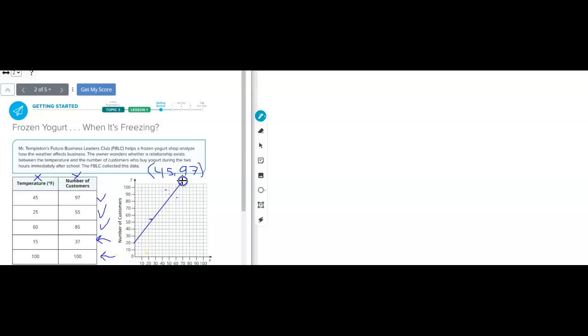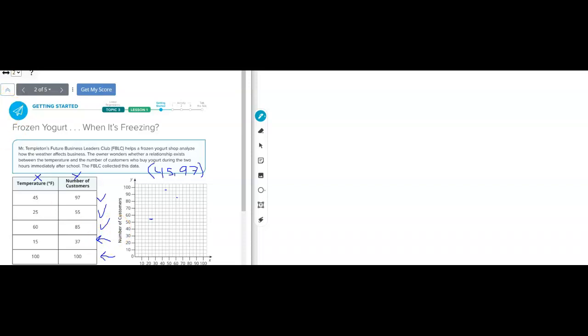Maybe you think the line should be here. Maybe you think the line should be here. Wherever you think the line should be, put that line there, and then use that line to predict what the number of customers would be at every temperature.